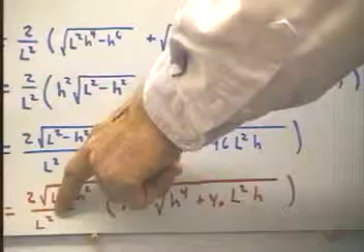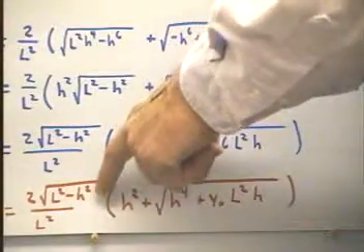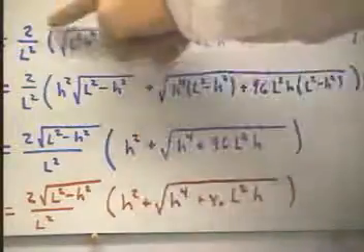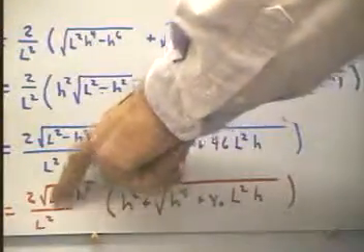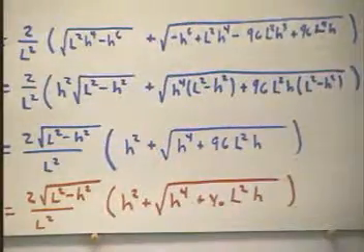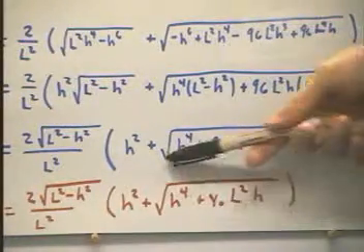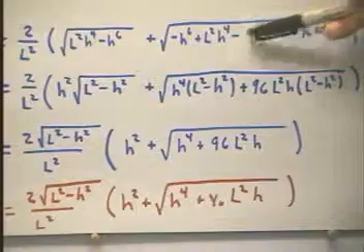So we have two conflicting things going on here. We have the square root of L squared minus h squared, which starts high and ends up low, ends up at 0, in fact, when h equals L. And we have the h squared plus the square root of h to the 4th plus y naught L squared h, which has a graph that's a lot like a parabola going up.